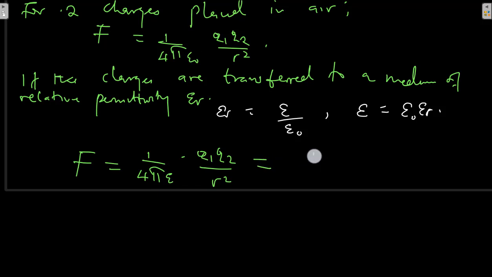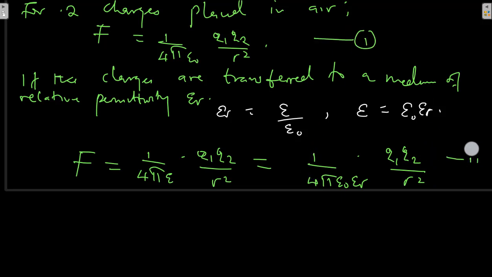This is the same as 1 over 4 pi epsilon naught epsilon r Q1 Q2 over r squared. So if I call this equation 1 and this equation 2, if we take ratios, in this case we'll take the ratio of F.